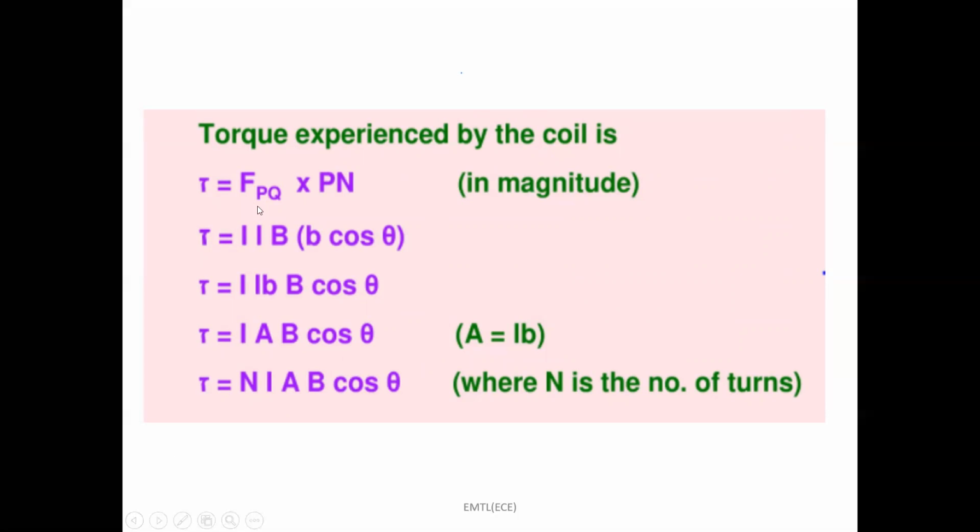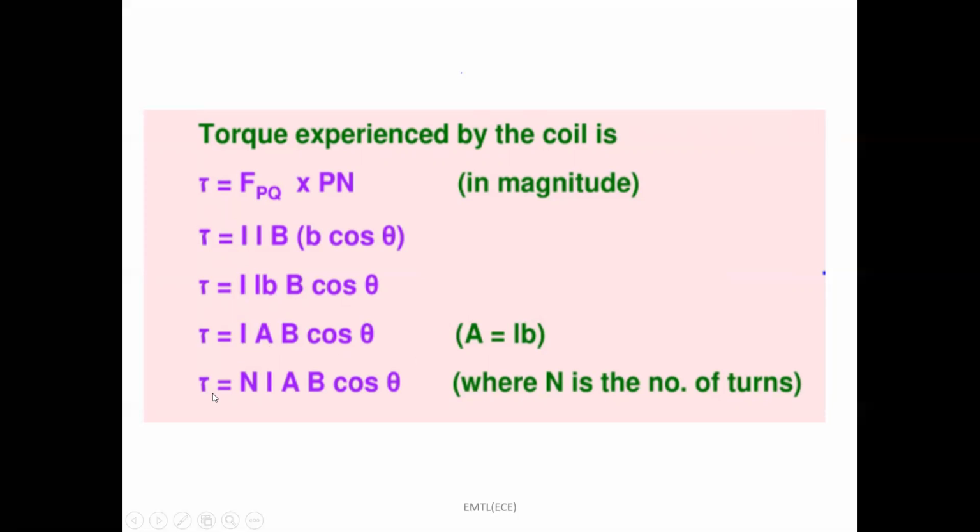The force is ILB, and the perpendicular distance, by calculating from the triangle, is equal to b cos theta. So the torque is ILB into b cos theta. Here, length into breadth is equivalent to the area of the rectangle. So by replacing the L b value with A, that is I into A.